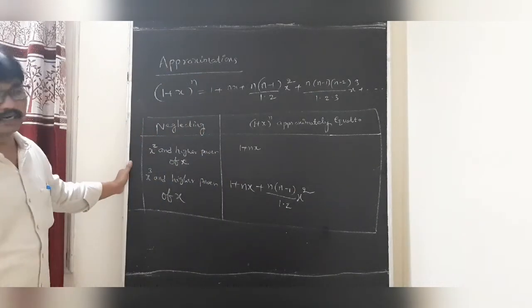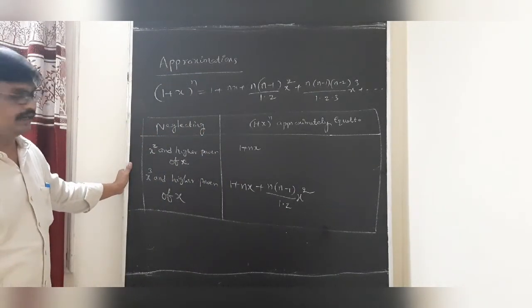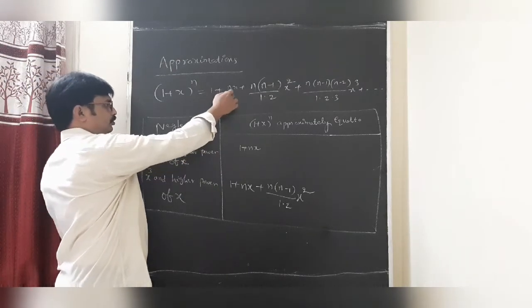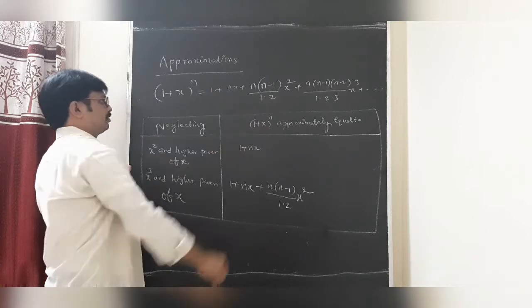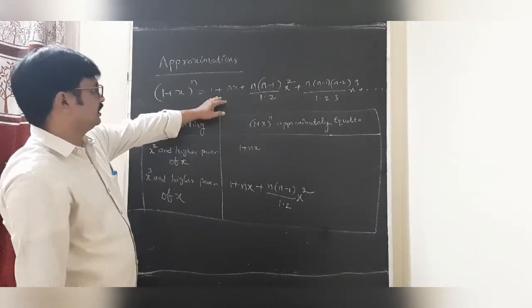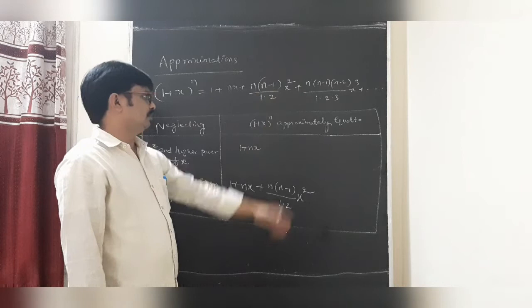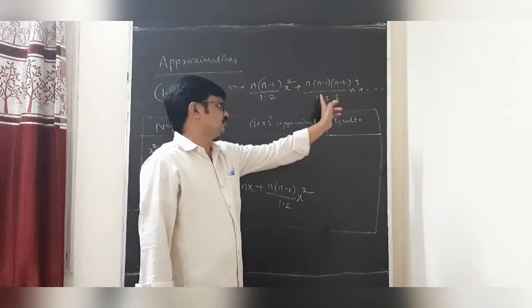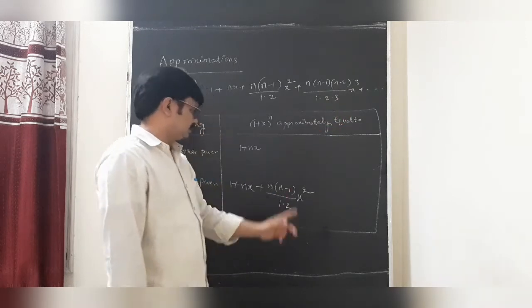Okay students, neglecting x cube, x power 4 and higher powers of x, (1 + x)^n is approximately equal to 1 + nx + n(n - 1)/(1·2) x² + n(n - 1)(n - 2)/(1·2·3) x³.